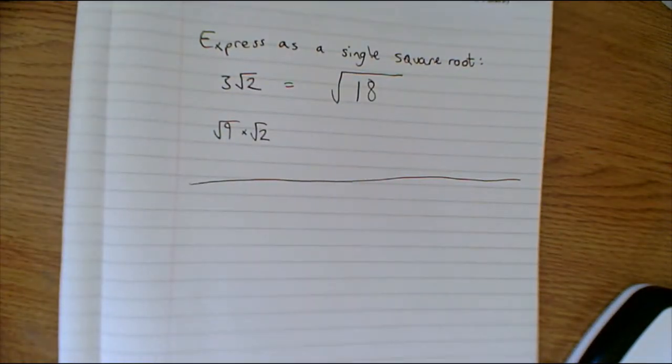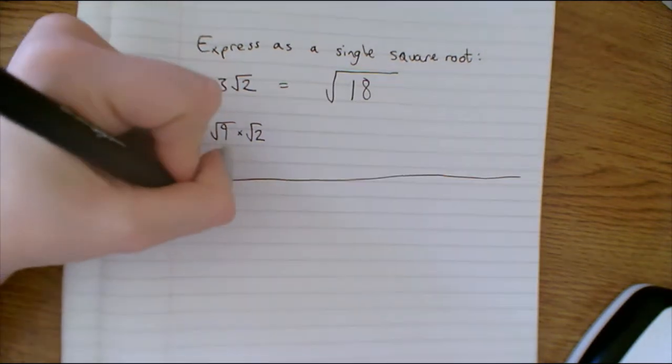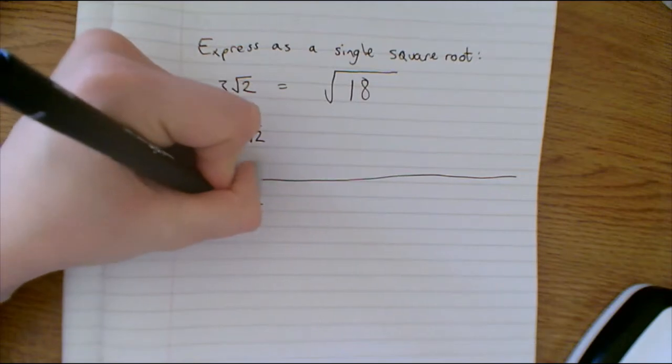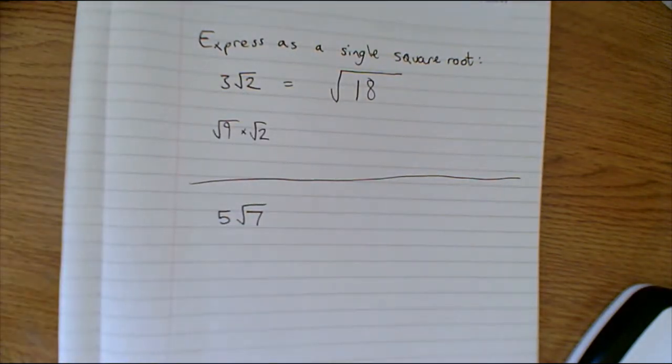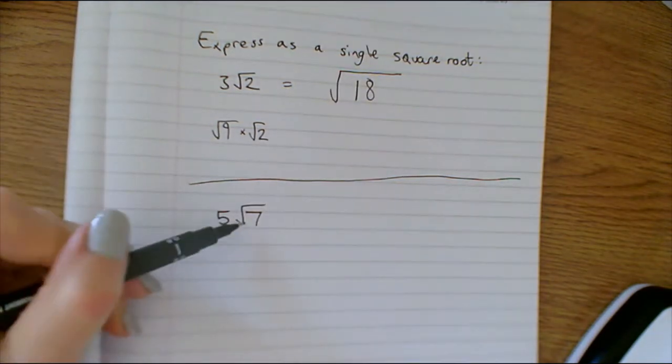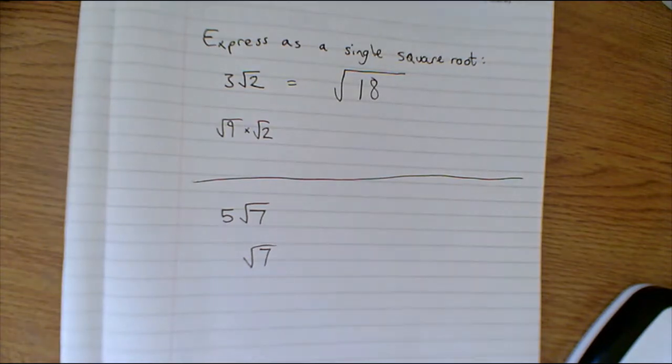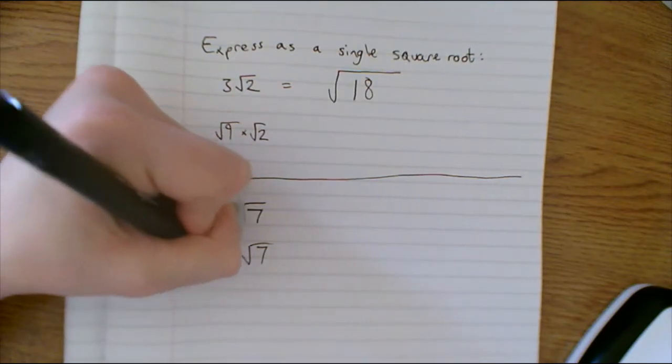As a second example of that then, let's say we had 5 root 7, and we want to write that as a single square root, like the question said. So what we're going to do is leave our root 7 bit alone, and think, well, how else can I write 5? If I had to write 5 with a square root symbol, well, it would be root 25.